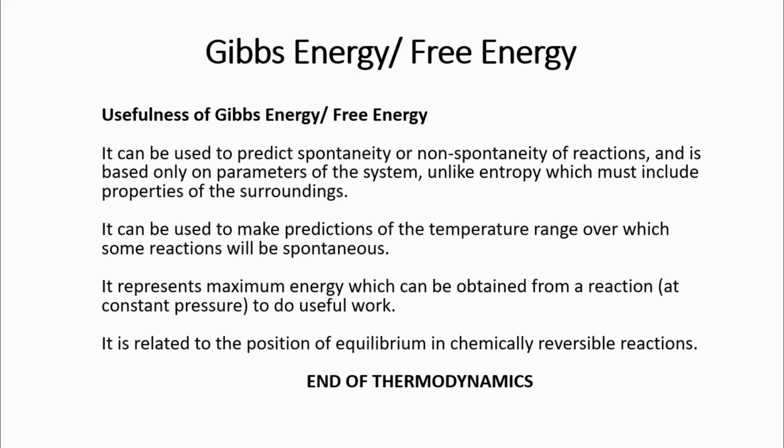Because it is related to the equilibrium, it also gives us an idea of the position of equilibrium in a chemically reversible system. And it also gives you an idea of the maximum energy which can be obtained from a reaction.